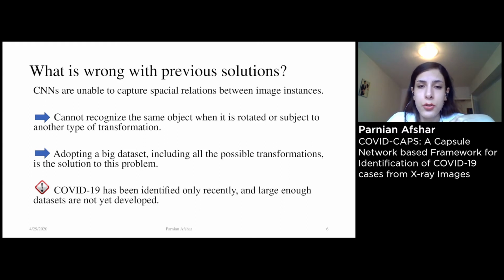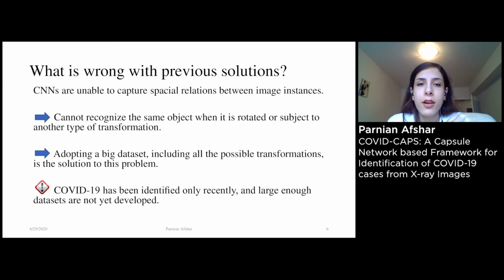So the solution to this drawback is to adopt a big data set or to apply huge data augmentation to include all possible transformations and rotations. However, as we know, COVID-19 has been identified only recently and large enough data sets are not available.